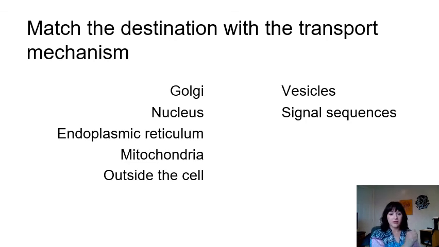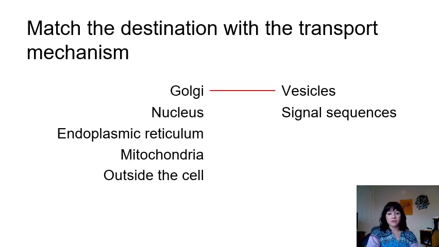So a protein whose target is the nucleus is going to use a signal sequence transport mechanism. And then lastly, for the mitochondria, we talked about how the mitochondria has a translocator on both the outer and the inner phospholipid bilayer. And so if we're using translocators, that is going to be a signal sequence transport mechanism.